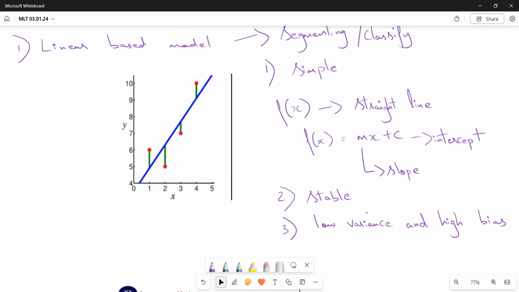Probably your task is to work with a data set that is very unstable, and you are supposed to stabilize it, or it has a low variance or high bias issue. You should know which model you are supposed to implement so that you can get better accuracy. That is the reason we are segregating each model and learning them with their own features. And the next one here is another diagram.